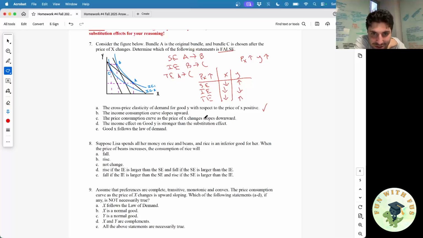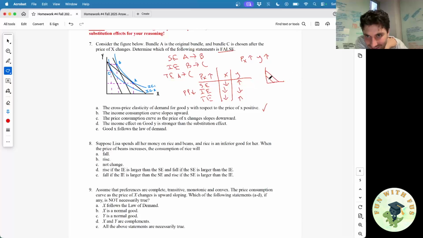The income consumption curve slopes upward. How would I do that? I would make an income consumption curve, and say that my purchasing power went down here, so my income effectively went down. Let's imagine that my purchasing power went up.